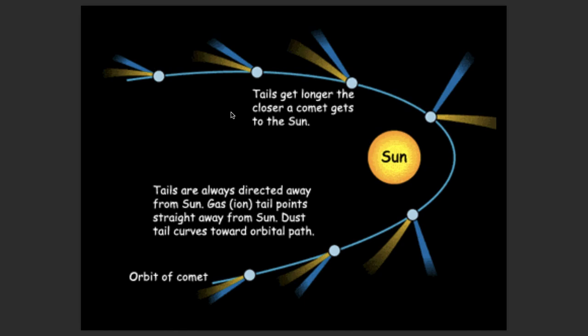Like everything else in our solar system, they have to conform to the laws of gravity. And we know that the sun, being the largest, the most massive object in our system, will be drawing everything to rotate around it.